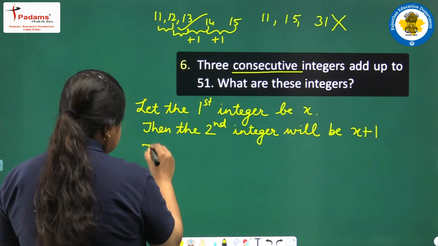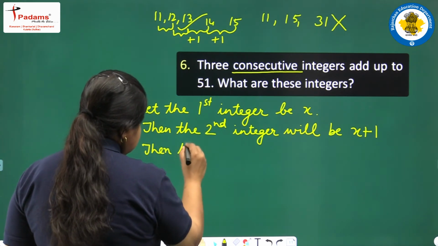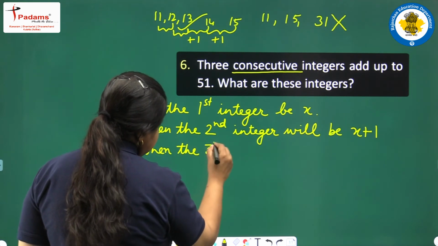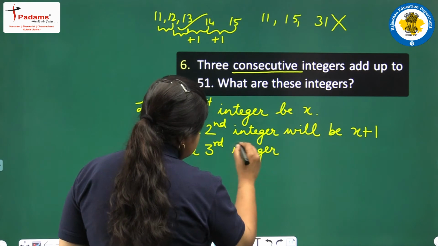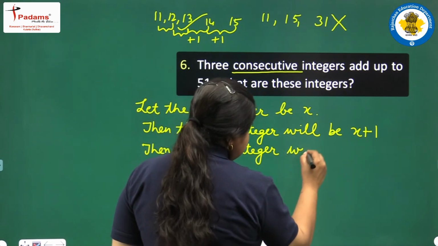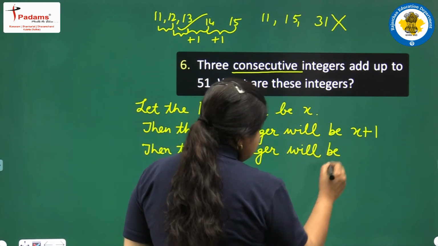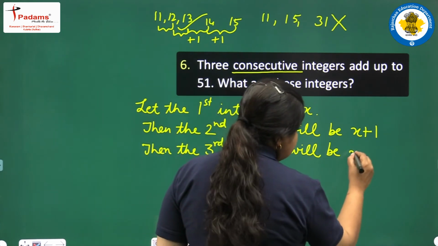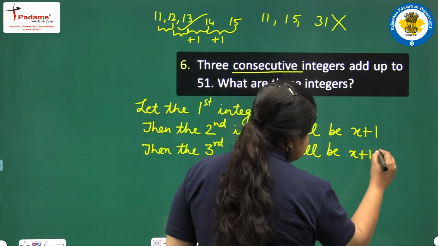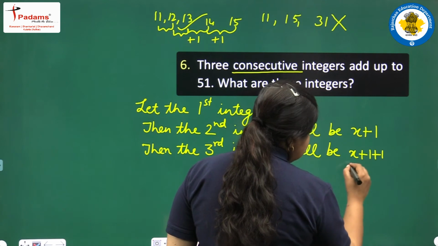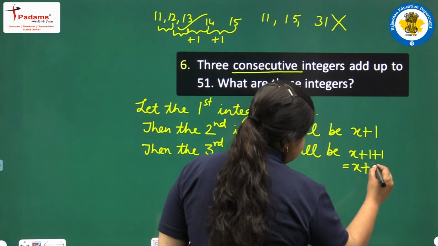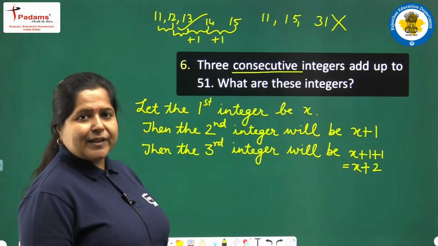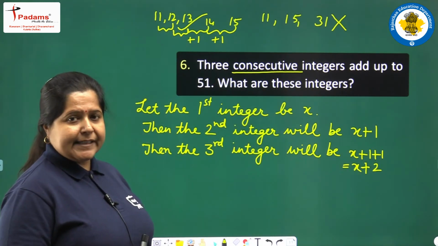Then the third integer will be, again we will add one more 1. So, x plus 1 plus 1, and this will be equal to x plus 2. So, these are the three consecutive integers: x, x plus 1, and x plus 2.